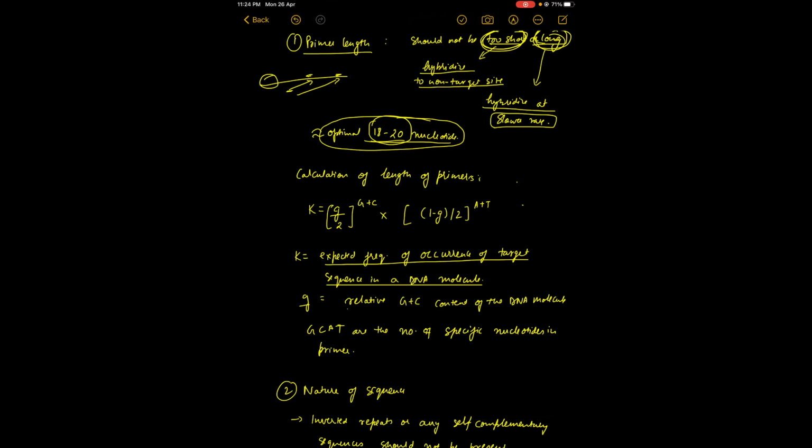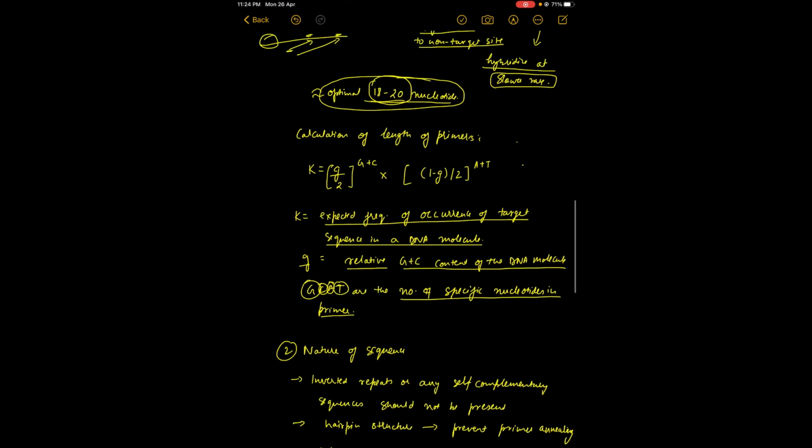Small g is the relative GC content of a DNA molecule, and G, A, T, C are the number of the specific nucleotides in the primers. Okay.